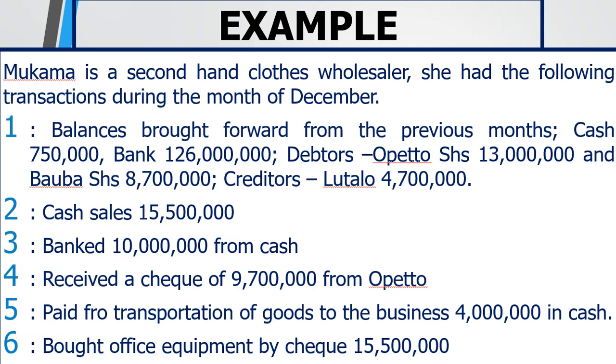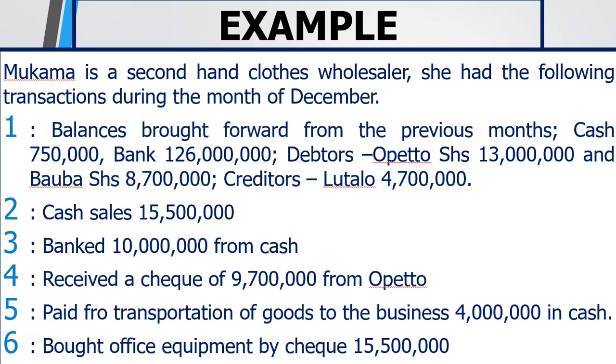So on the first, balance is brought forward from the previous month. Meaning these balances were brought forward from the month of November, because the transactions were given for the month of December. So they had cash of 750,000.